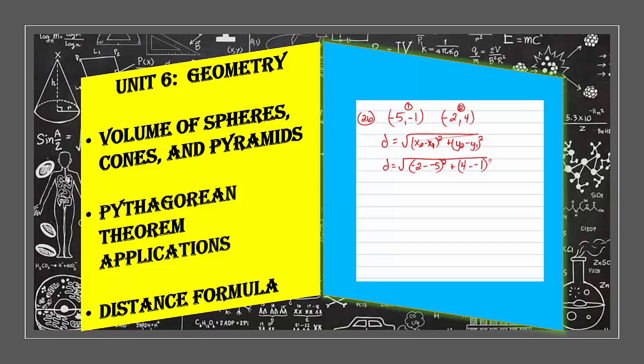Minus a negative. Remember, that's the same as adding, so D is equal to the square root of -2 plus 5, which is going to give us 3. 4 plus 1 is 5. D is equal to 3 squared is 9, plus 5 squared is 25.